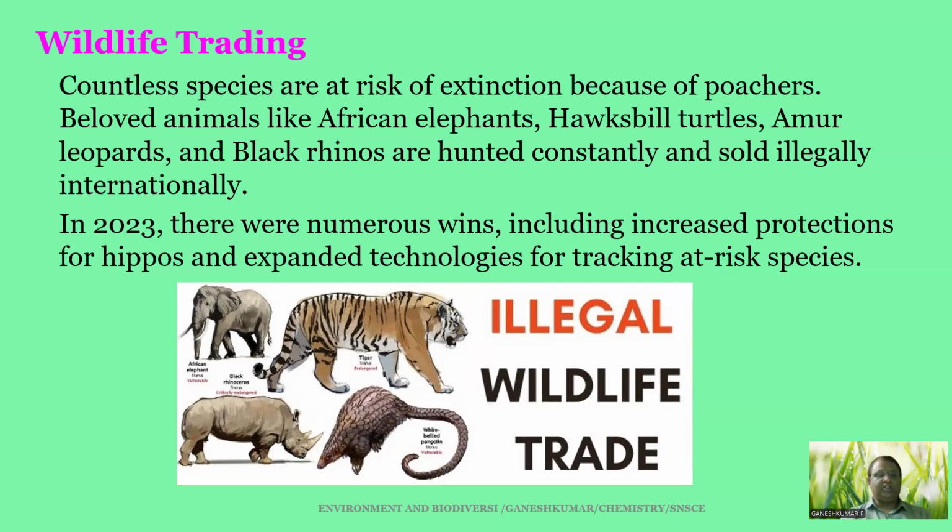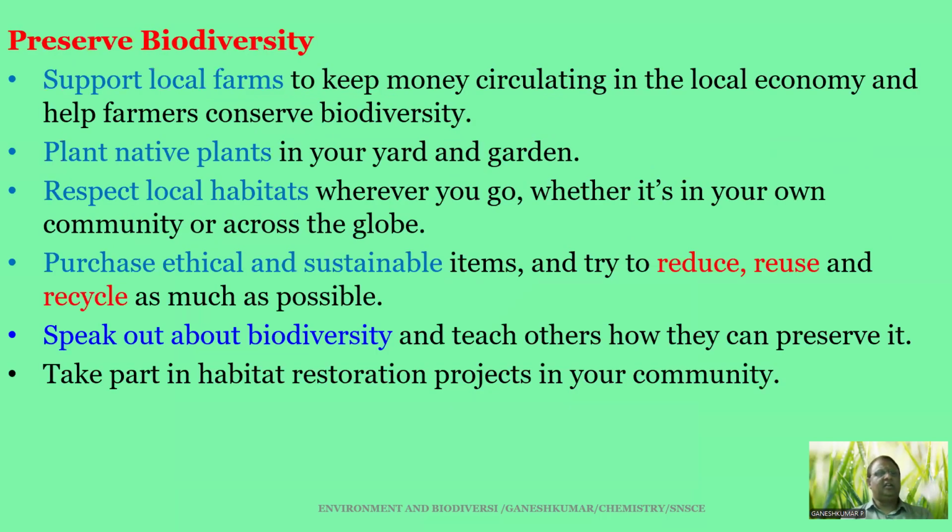In 2023, there were numerous wins, including increased protections for hippos and expanded technologies for tracking at-risk species. So these things continuously damage biodiversity.